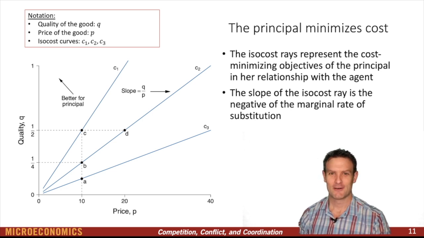So, from her costs, we've got her MRS, her marginal rate of substitution. From the agent's best response, what does that mean we're going to have? It's the constraint on what she does, so it's going to give us the MRT. What's she going to do? She's going to pick the point where MRS equals MRT.